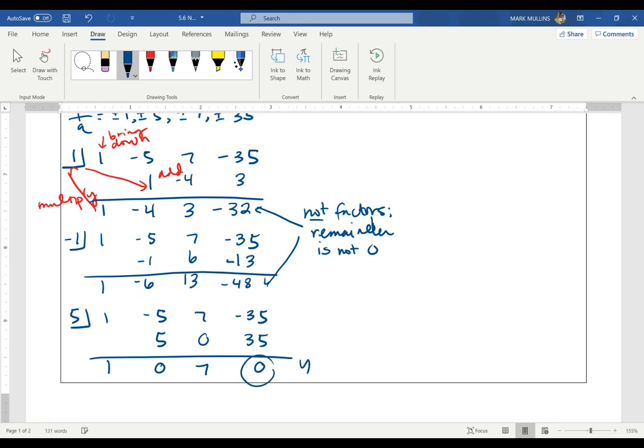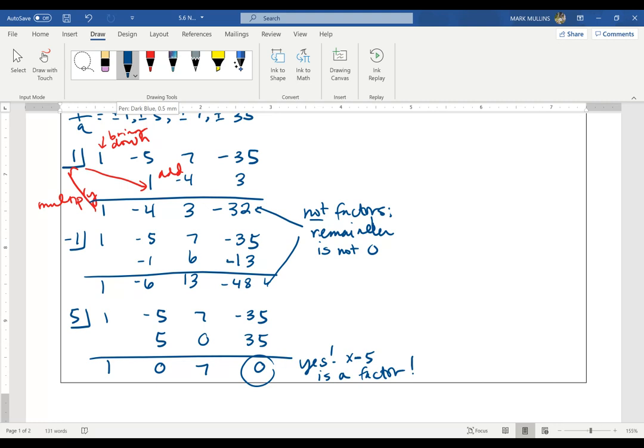So yes. So this means, because I used 5, this means x minus 5 is a factor. And it means that 5 is a 0. Okay? So x minus 5 is a factor, and x equals 5 gives me a 0. So 5 is a 0.